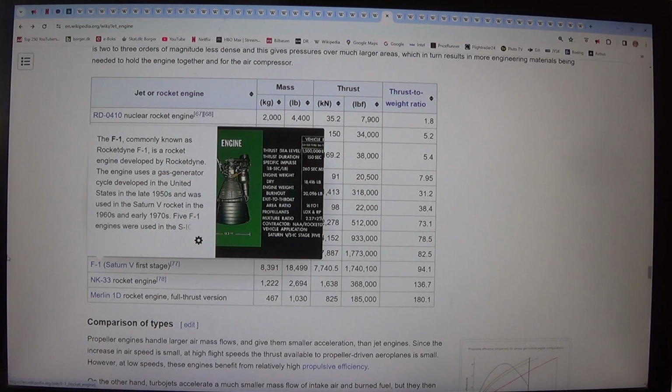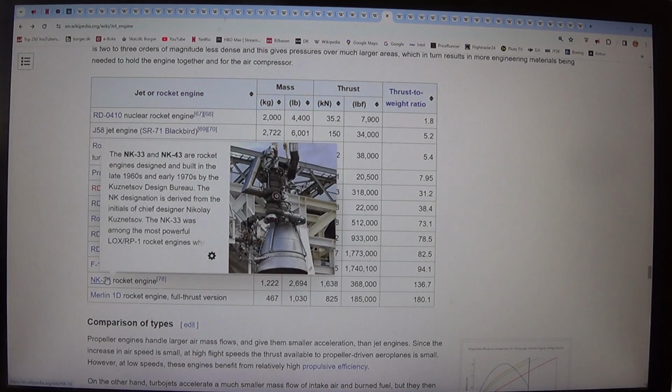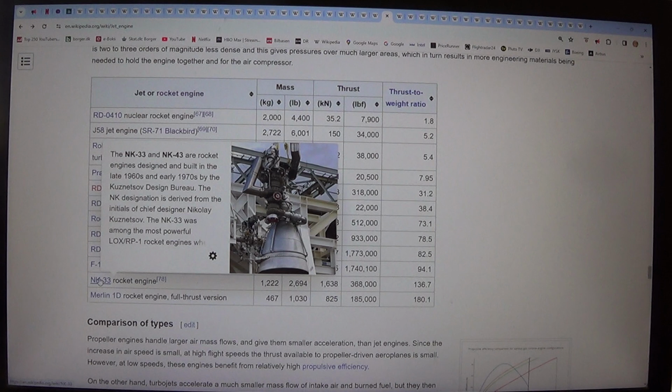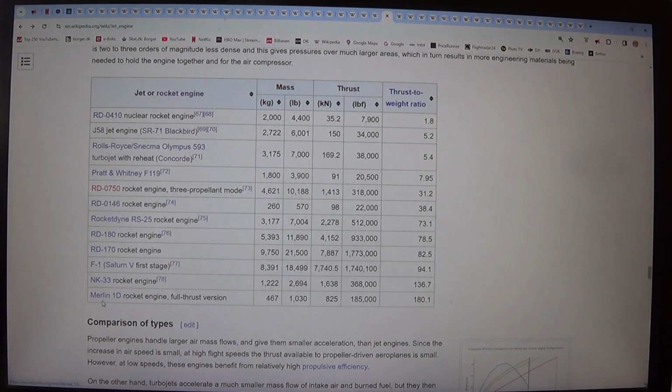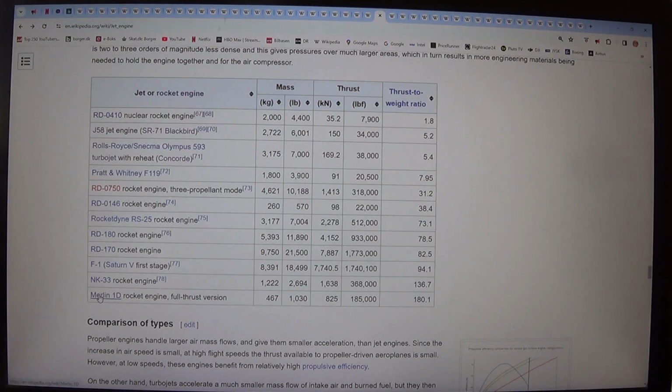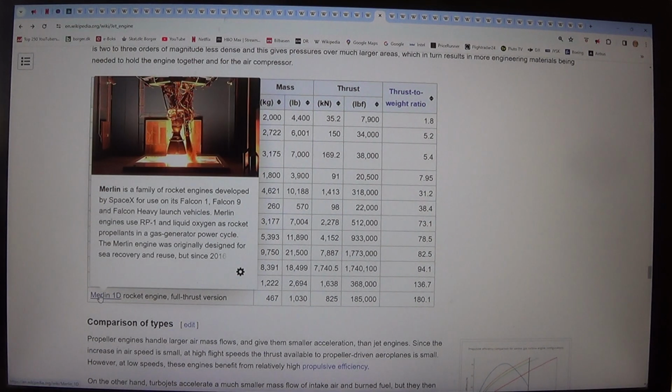Rocketdyne RS-25 rocket engine 3177 7004 2278 512,073.1. Road 180 rocket engine 5393 11,894 152 933,078.5.